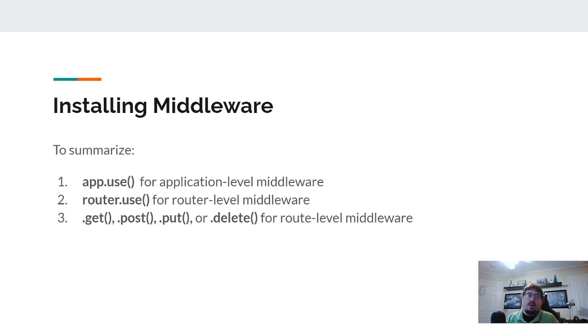So to summarize in terms of installing middleware, if you want to install it at the application level across every route, you use app.use. If you want to install it just to a specific router, you say router.use. Or if you want to install it in a particular route, you're going to put it into that get, post, put, or delete method as the second parameter.